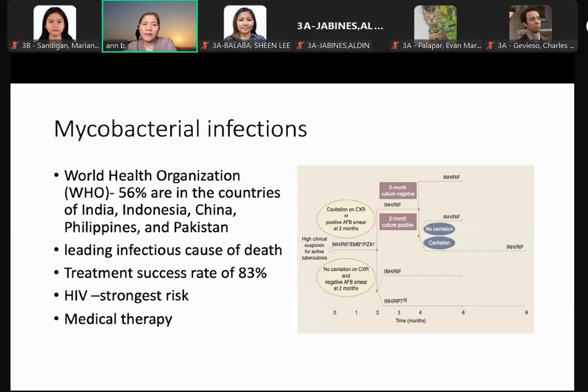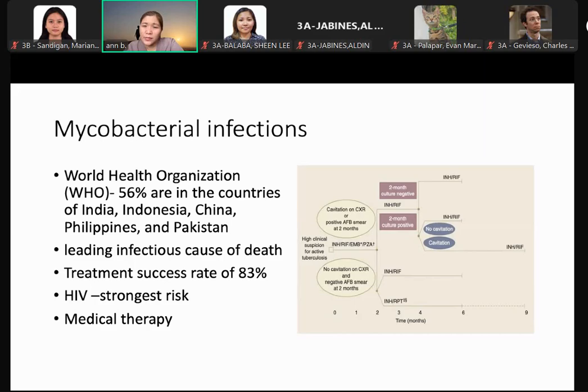I don't know if you have discussed the mycobacterial infection already in your IM, but this is just an overview. We also have mycobacterial infections. According to WHO, these affect mostly the Asian countries, and are the leading infectious cause of death, especially here in the Philippines.